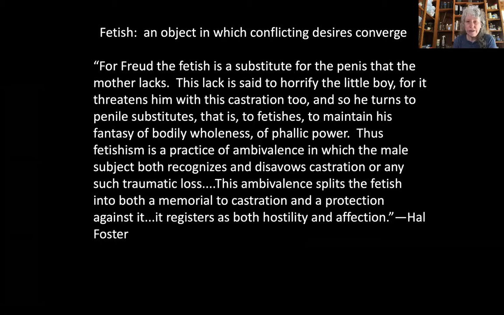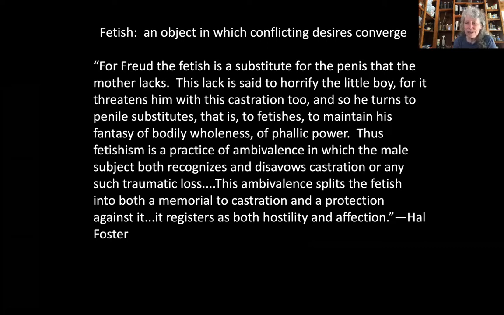For Freud, the fetish is a substitute for the penis that the mother lacks. This lack is said to horrify the little boy, for it threatens him with castration too. And so he turns to penile substitutes, that is, fetishes, to maintain his fantasy of bodily wholeness and of phallic power. So remember that when we get to the Nazi art.